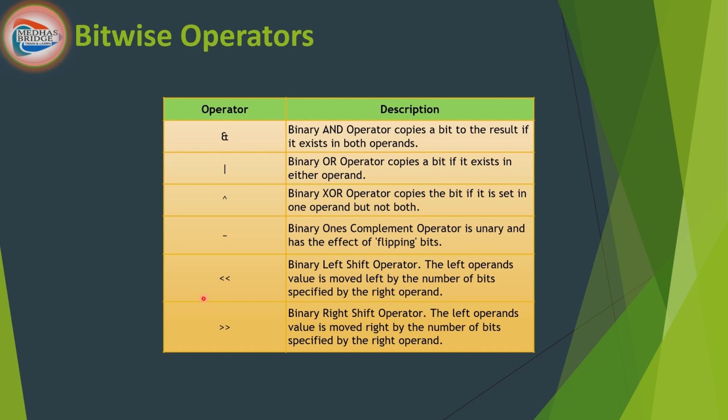Though we represent a whole number, the computer only works on binary values, like a stream of 1 0 0 1. So this operation works on each bit, rather than on a whole number. Let me show you a few examples to understand the concept.